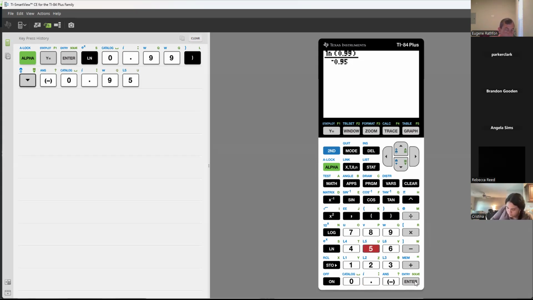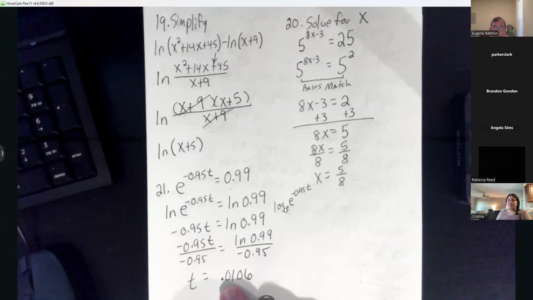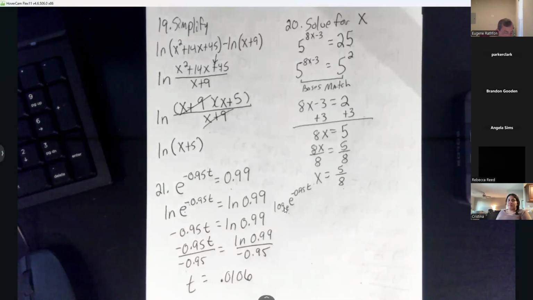Let's round this to 4 decimal places. That's going to be 0.010. The 5 is in the 4th spot, but look at that, it's got a 7 after it. So I'm going to make that 0.0106. That rounds to 4 decimal places like I need. So 0.0106 on that one.